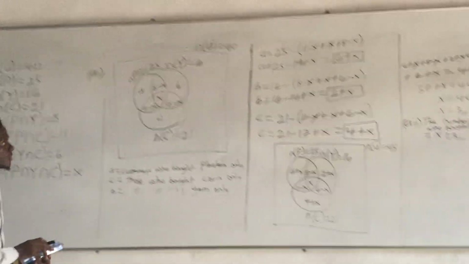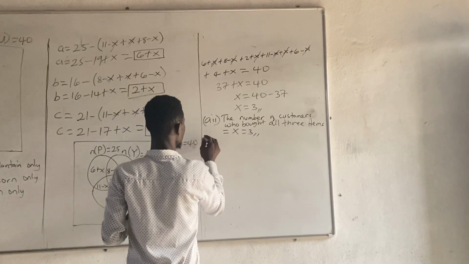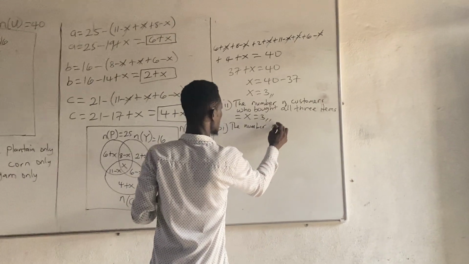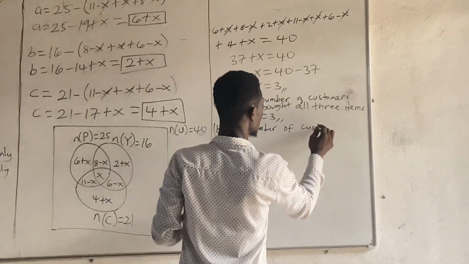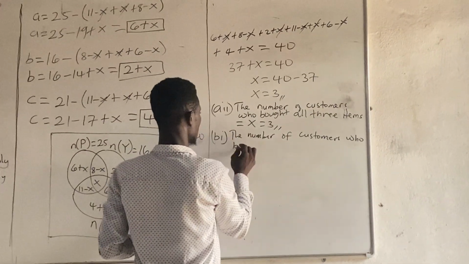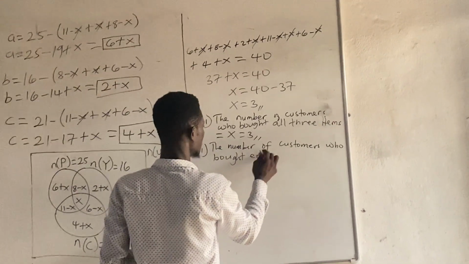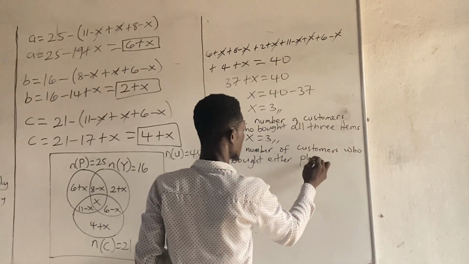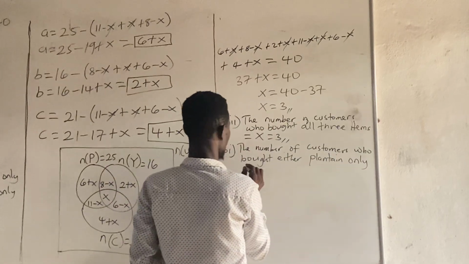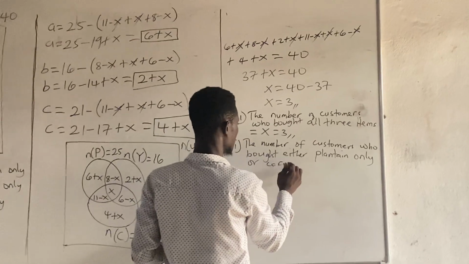So you say B Roman number 1, the number of customers who bought either plenty une or con une.